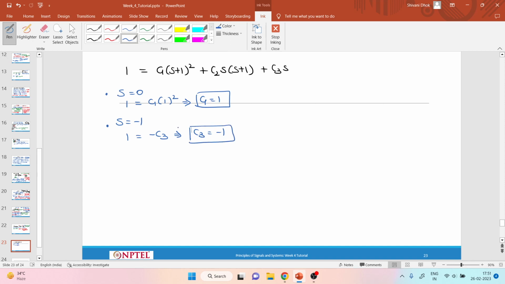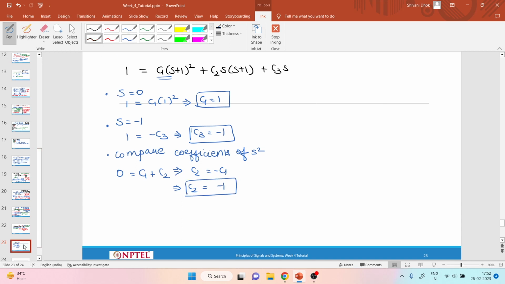And now we'll find the value of c2 by comparing coefficients of s square. If I do that, on the LHS I have 0, here the coefficient is c1, plus here the coefficient is c2, which means that c2 is equal to minus c1, which implies that c2 is equal to minus 1.